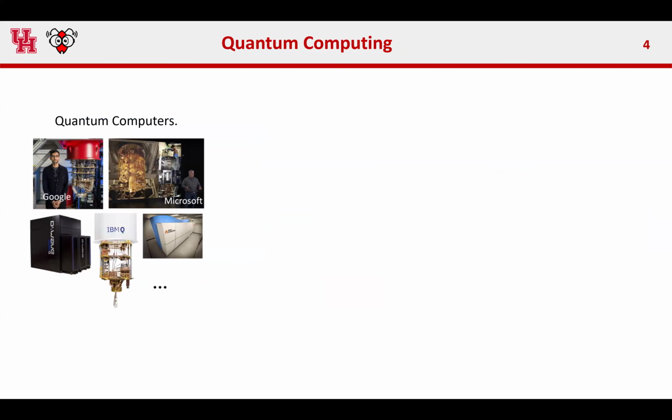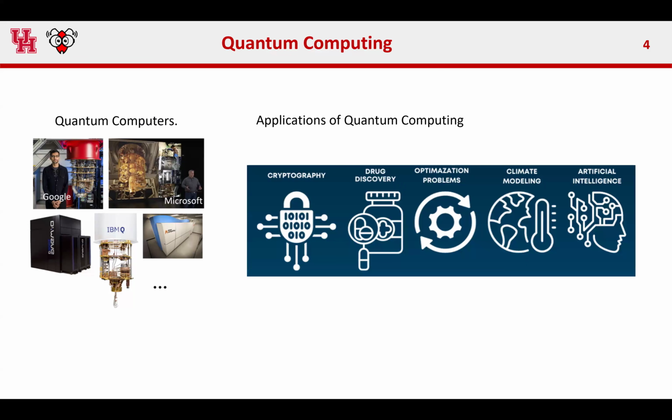Then I will show you what quantum computers really look like. There are many famous companies like Google, Microsoft, D-Wave, and IBM. I also give you some applications of quantum computing. We always think it is theoretical, but in the past few years it has had practical applications in cryptography, drug discovery, and optimization problems.